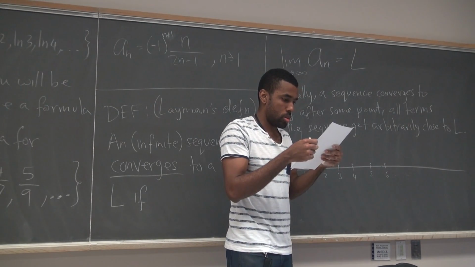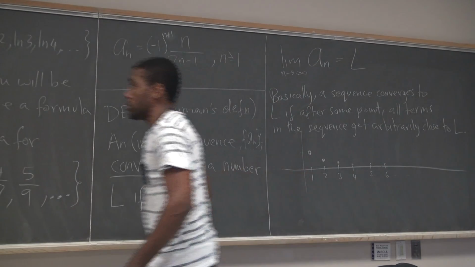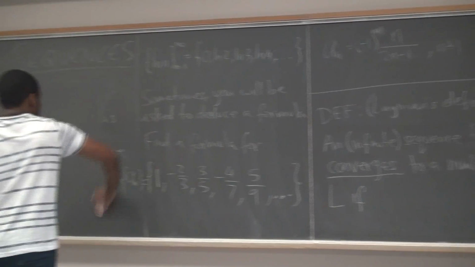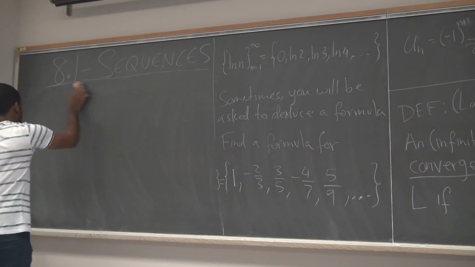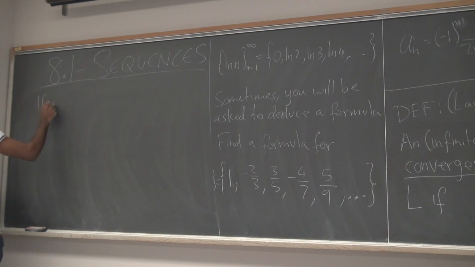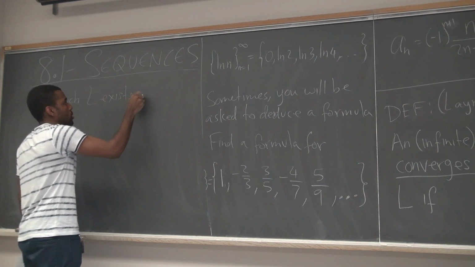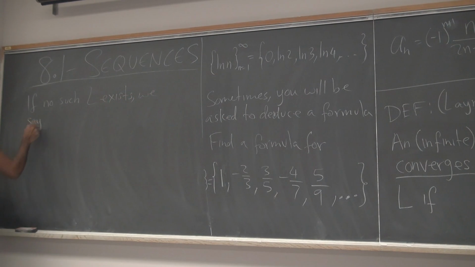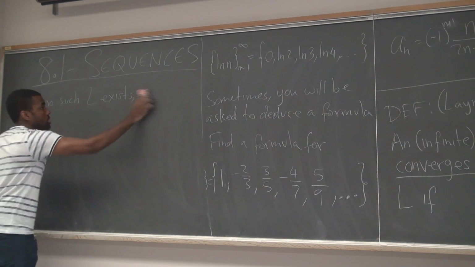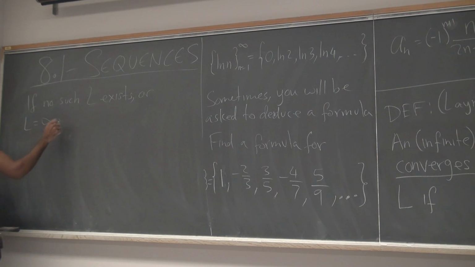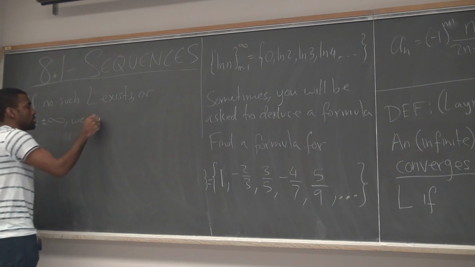What else do I want to say here? Let's move over here. If no such L exists, or L equals infinity, or L is infinite, we say the sequence diverges.